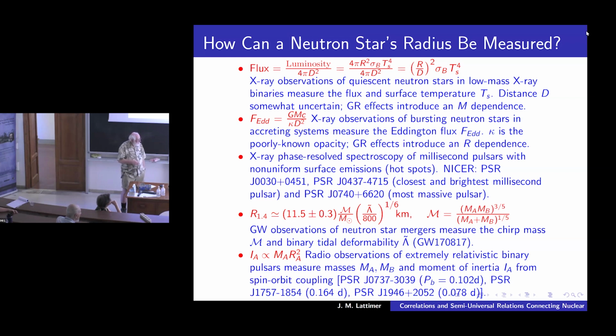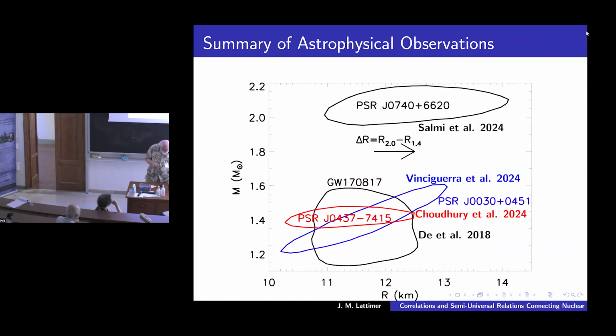So it has the potential of measuring this quantity to even higher precision than J0737. The first measurements of this indicate that the moment of inertia is more or less what we expect, but the uncertainties are quite large, about a factor of 2 at present. So it's not useful information for constraining the radius yet, but that day will come.